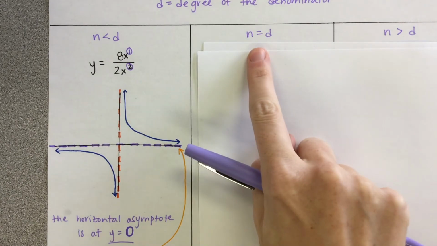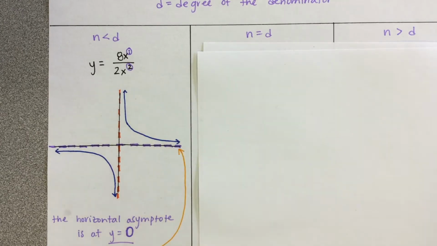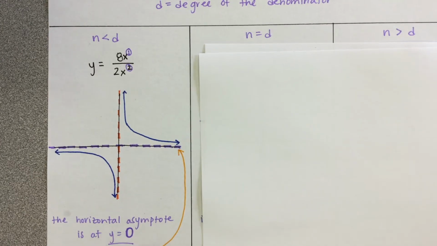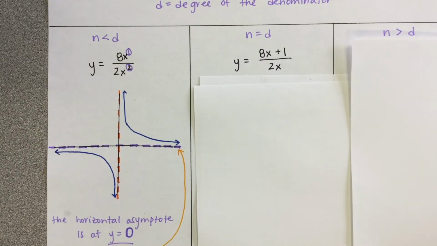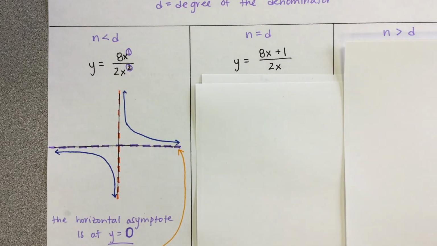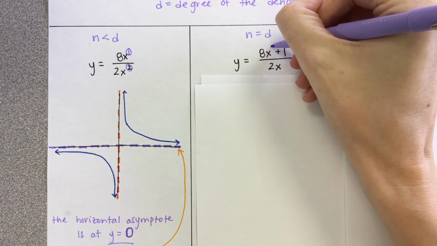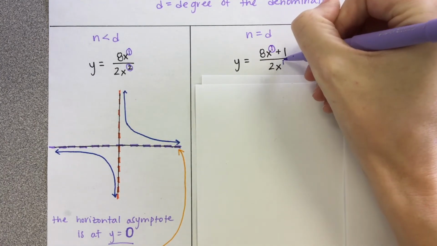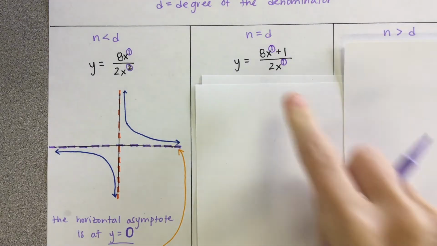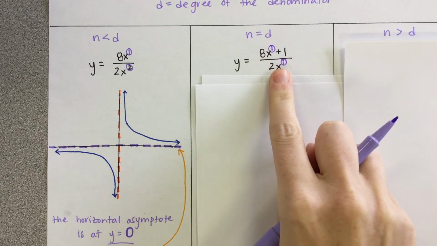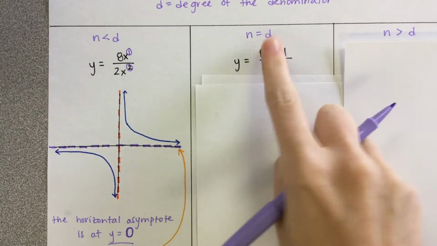Then the next possible scenario is n is equal to d. And so in that case, we are going to look at this equation. So we're looking for the biggest exponent in the numerator and the denominator. And so this is x to the first power. And so is this x to the first power. So they have the same degree in the numerator and the denominator. The degrees are equal.